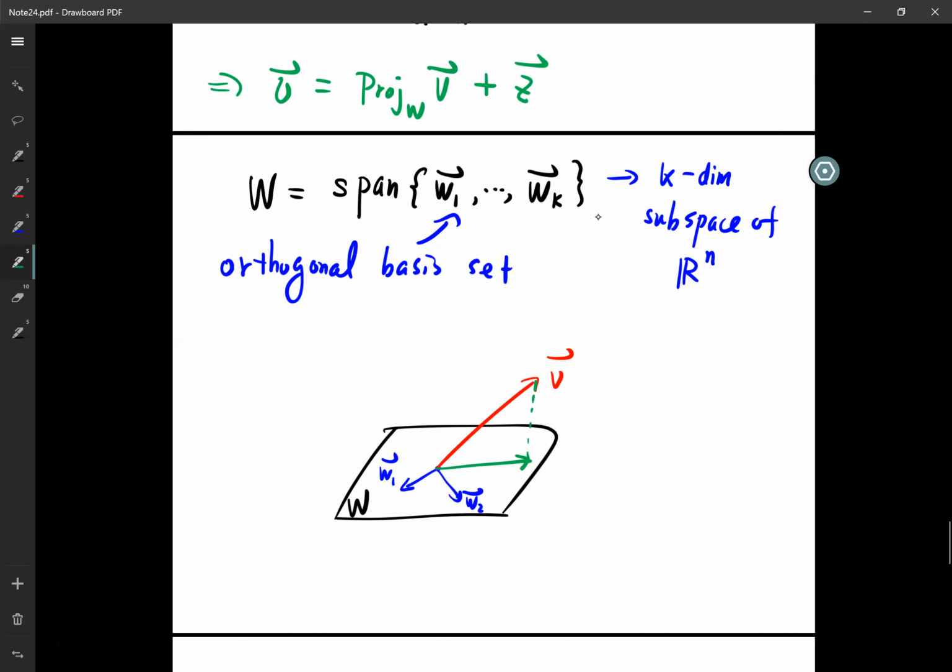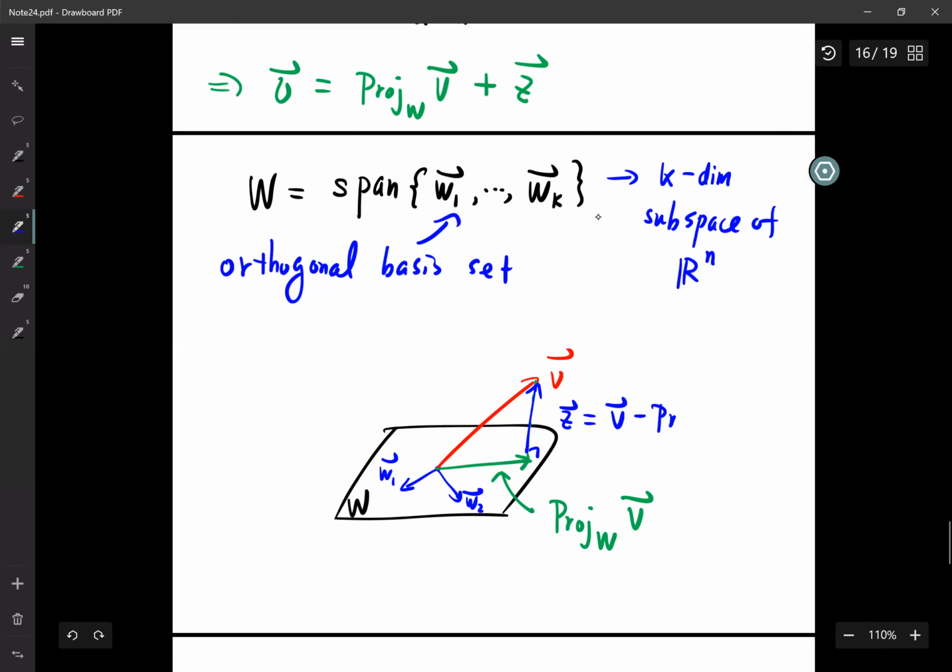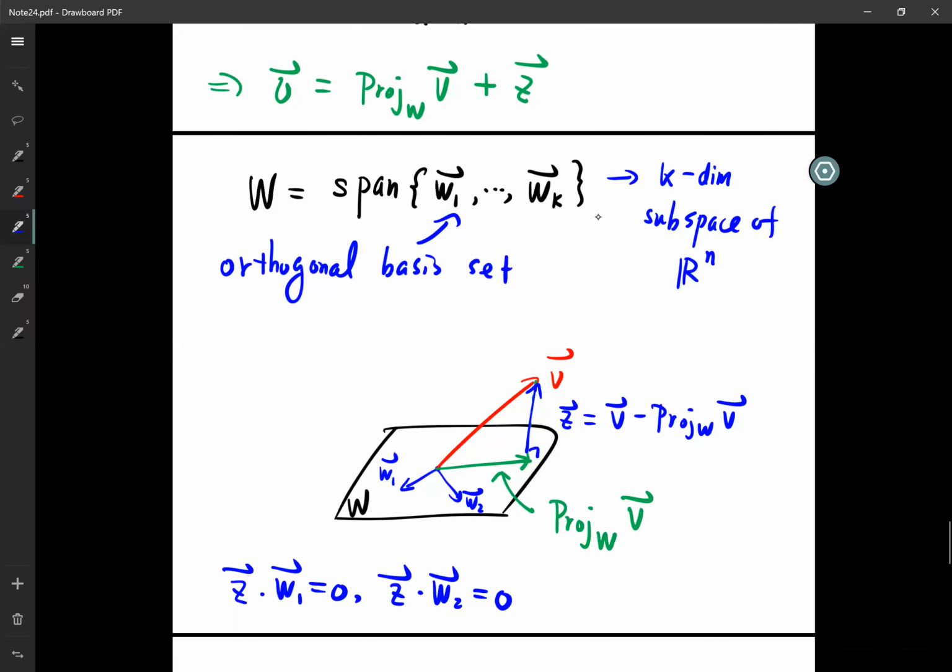This is called the projection of V onto the subspace W. It's important that you always project onto a subspace. And the difference is Z, equal to V minus the projection. And Z should be orthogonal to W1, and Z should be orthogonal to W2, and therefore Z is actually orthogonal to all the vectors in W.